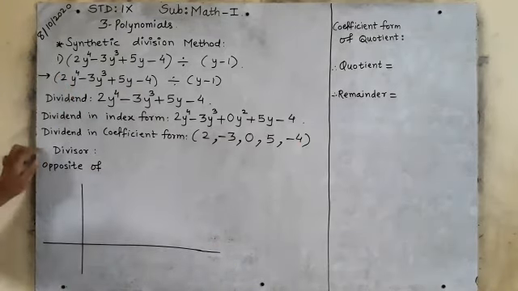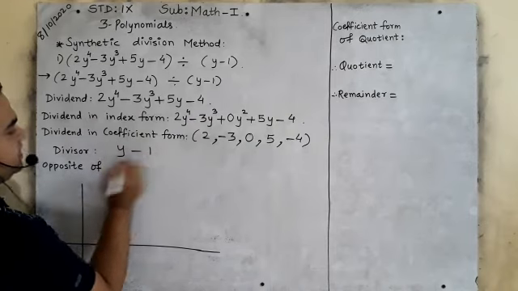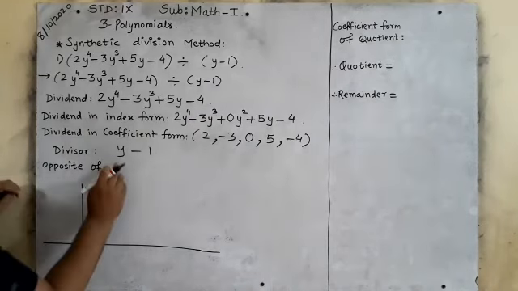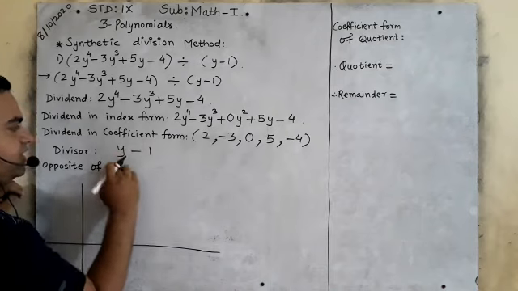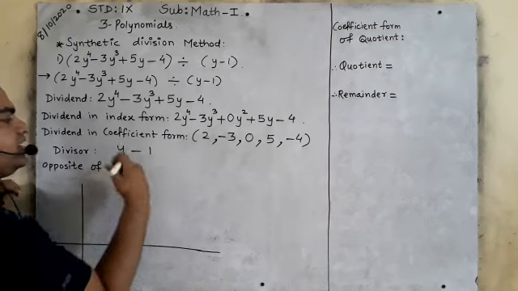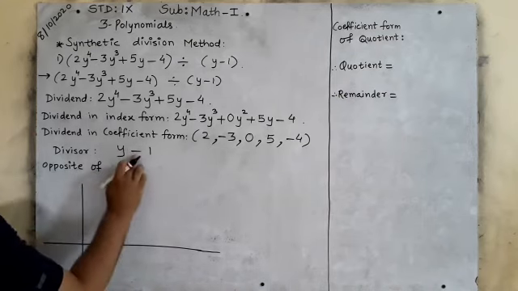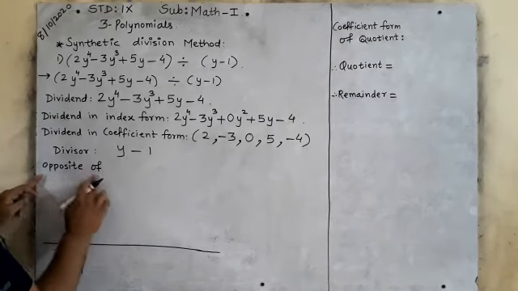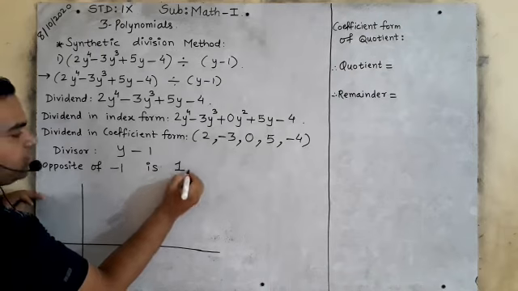Now the divisor. What is the divisor here? Y minus 1. Whatever is alongside the variable, we will take the opposite of it. Here it is minus 1, so we will take the opposite of minus 1, which is 1.